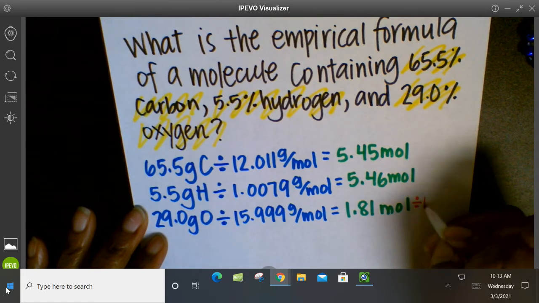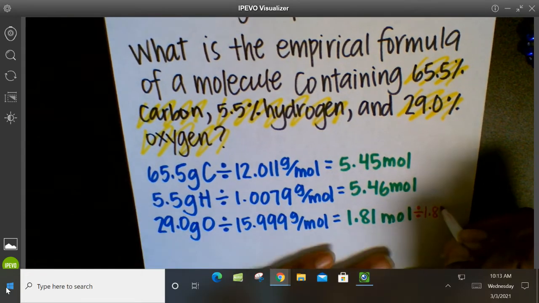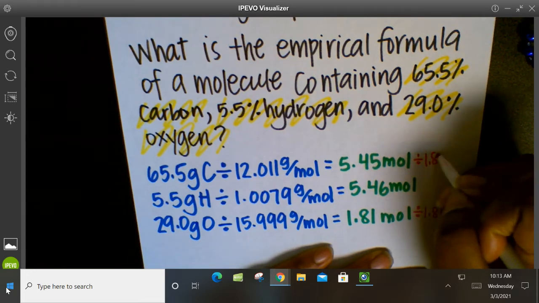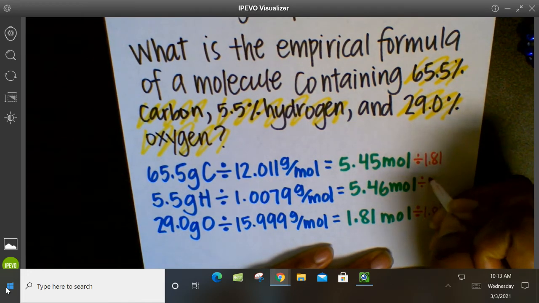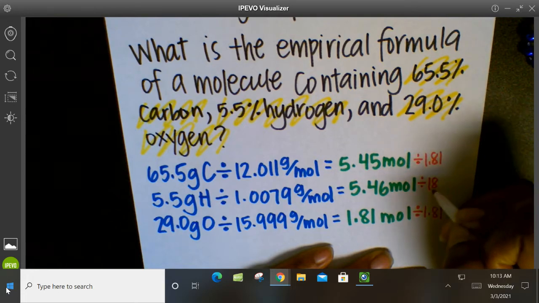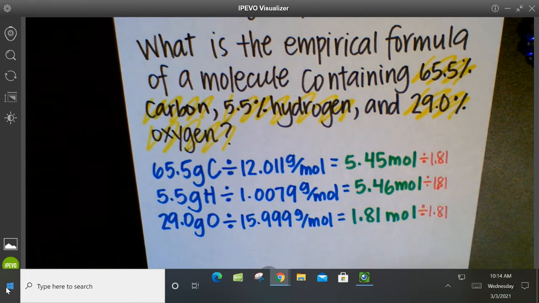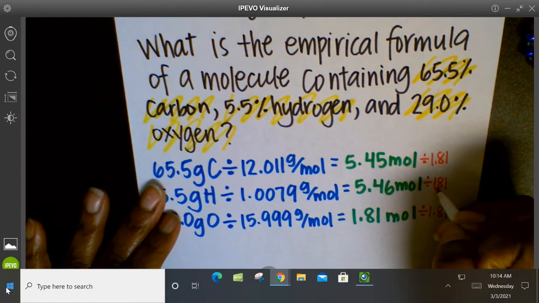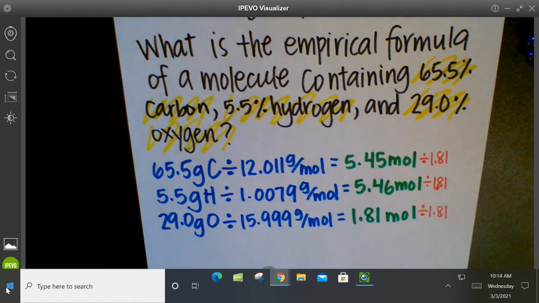So I'm going to divide that by itself. Okay, I'm going to do the same thing for the other two. Uh-oh, I got to put my decimal. Okay, going to divide everything by 1.81, and that is a decimal that is lodged right after the 1, and we're going to get our moles.